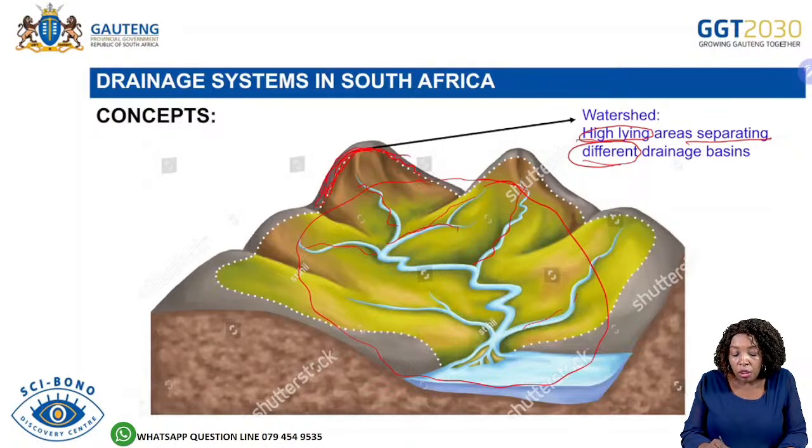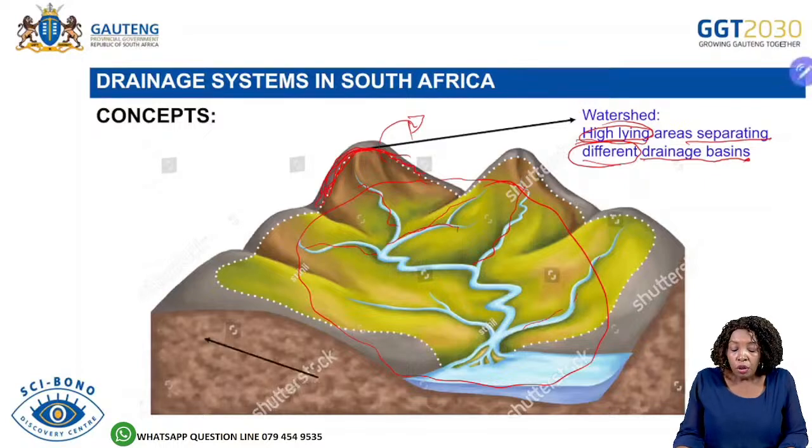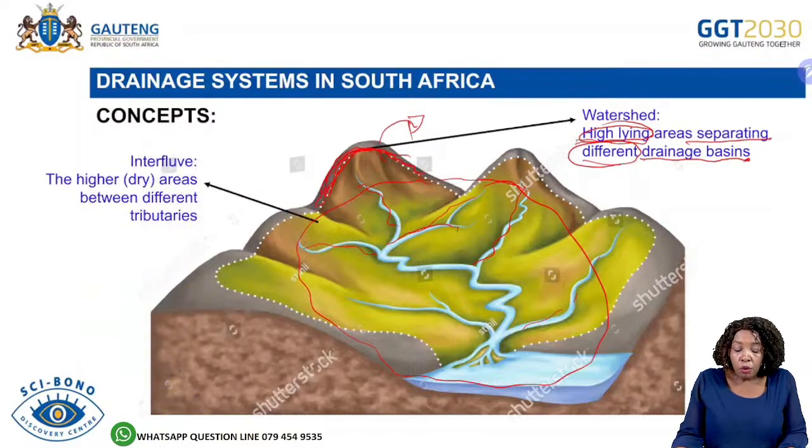Of a watershed. So a watershed is a high-lying area that separates different drainage basins. So there would be a drainage basin on the side, and there would be another drainage basin that you can identify on that other side of the hill or the mountain range. Yeah. So that is a watershed.